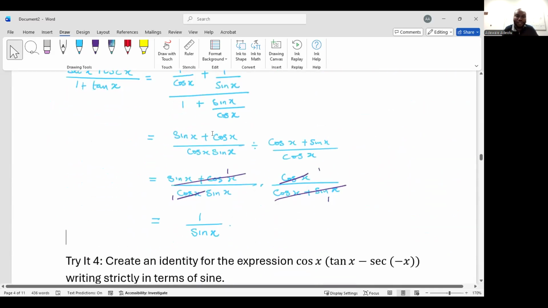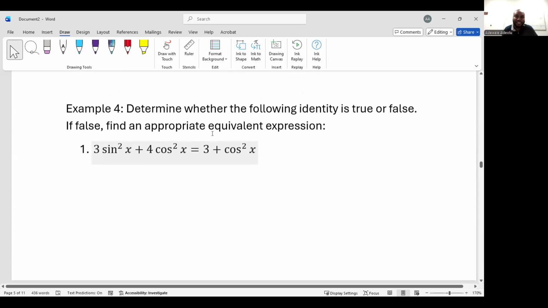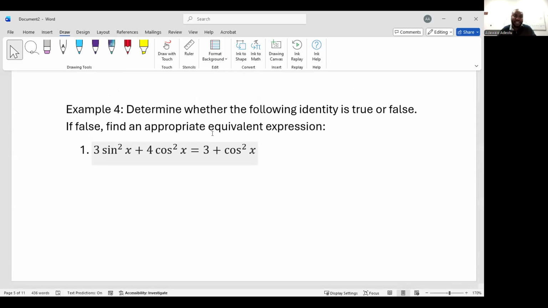Now, another form is to say, determine whether the following identity is true or false. If false, find an appropriate equivalent expression. This is similar to the first idea that we have, whereby we have both sides.